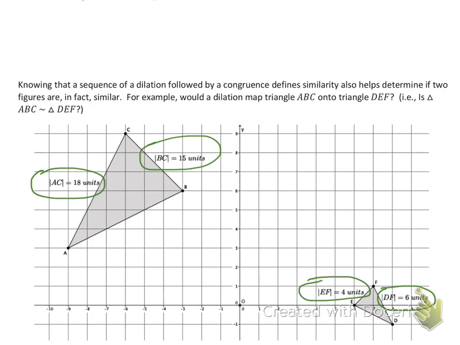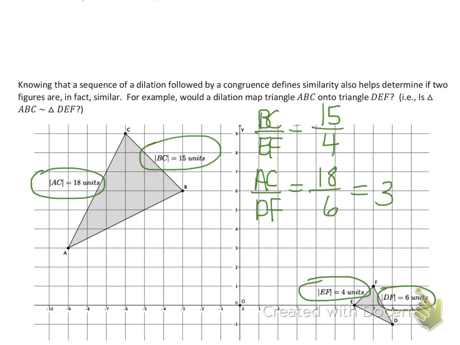If I compare BC to EF, I would have 15 over 4, and AC to DF would be 18 over 6. So this one would equal 3, but 15 over 4 is not equal to 3.